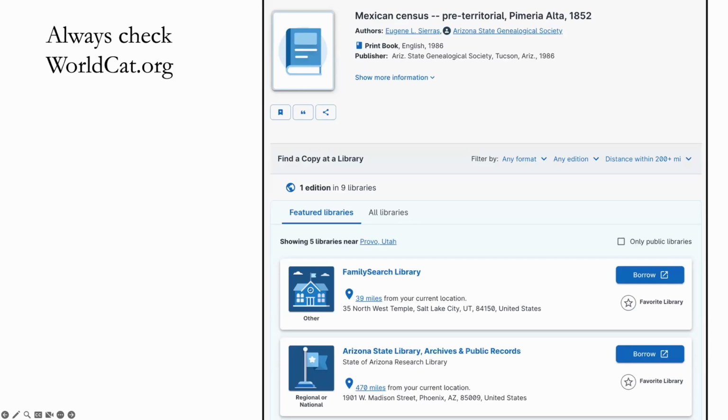If you have a library near you, you can go in and use interlibrary loan to request a book like this from the other library. And it helps to be able to tell them that, yes, you already know that there is a copy at ASU or whatever.